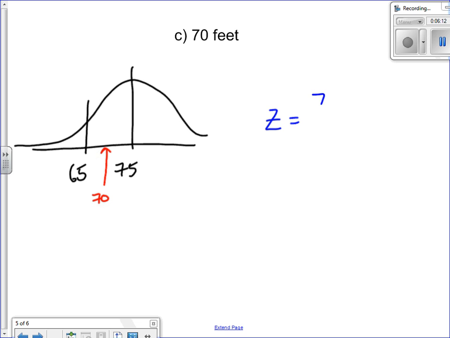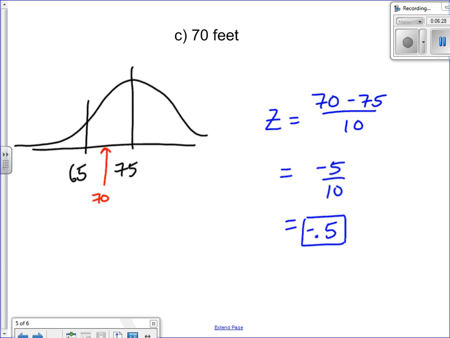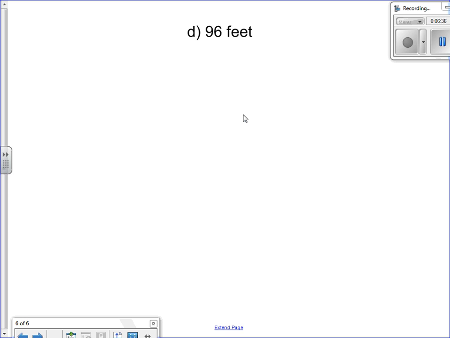Let's take a quick look. 70 minus 75 over, again, our standard deviation of 10. Is that negative 5 over 10? In terms of the z-score, we are negative 0.5, or we are half of a standard deviation below the mean.